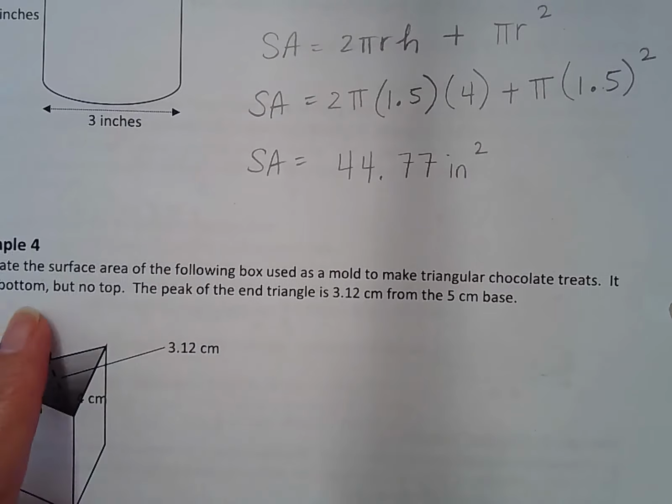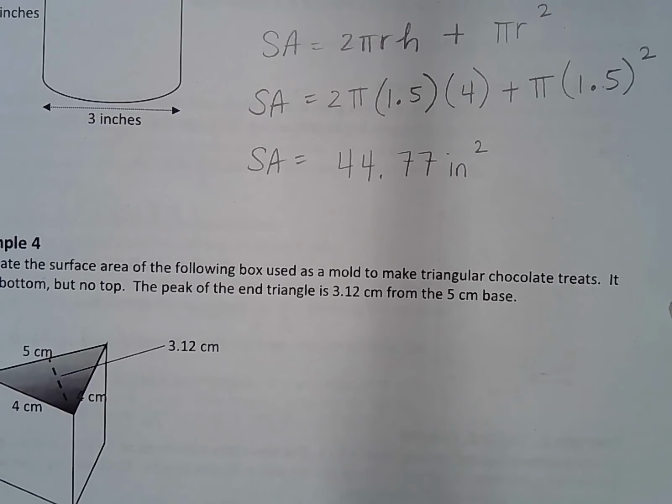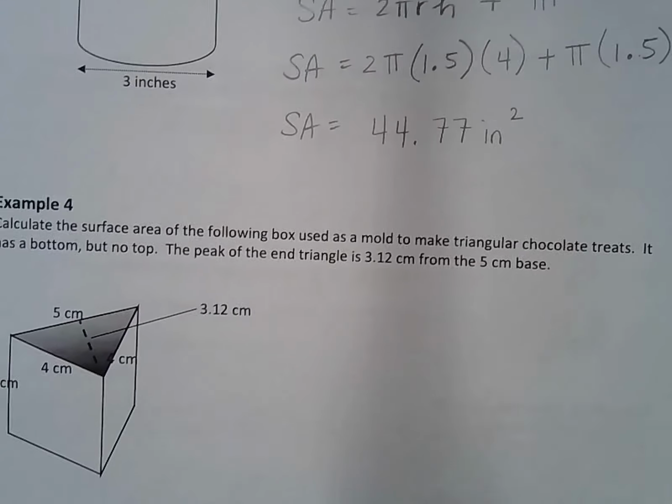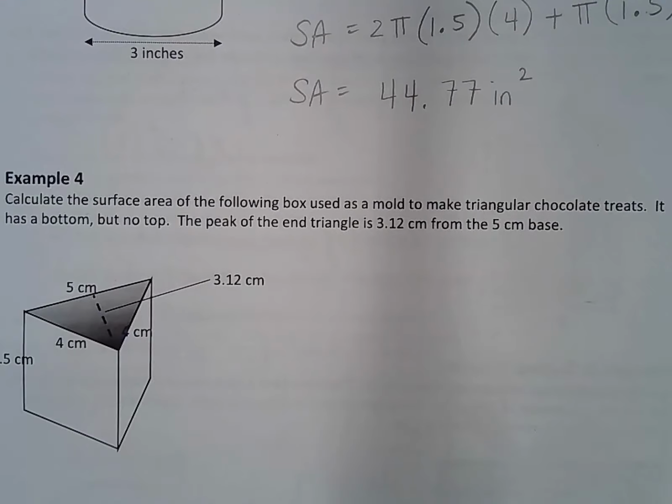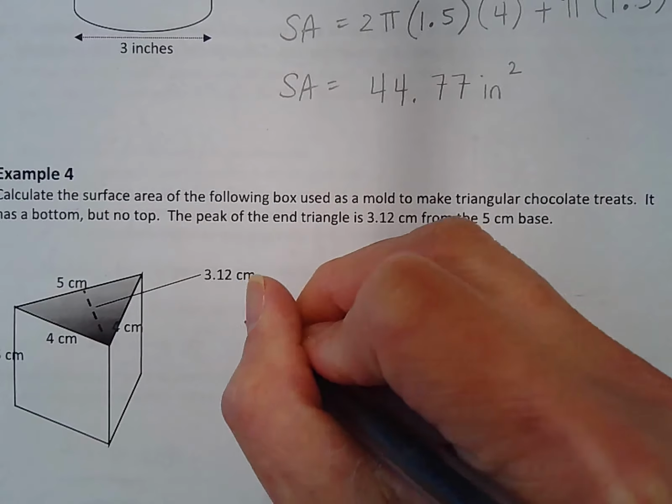It has a bottom, but there's no top, or no lid, right? Sometimes we use the word no top because there's no top piece. Sometimes we say no lid. So calculate the surface area of the box. So how do we do that? How do we calculate the surface area?